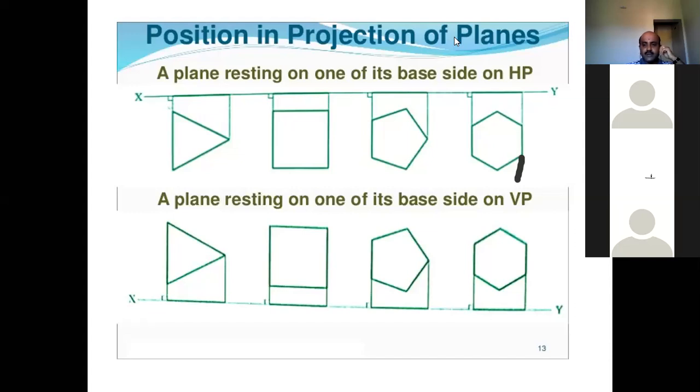Can you hear me? Ashita, can you hear me? Please unmute. If any clarification is there, we will clarify your doubts, because understanding the concept takes time and you will have a lot of doubts when working on a problem.